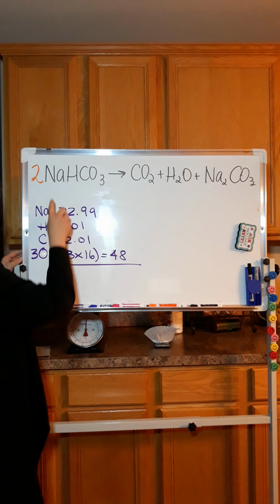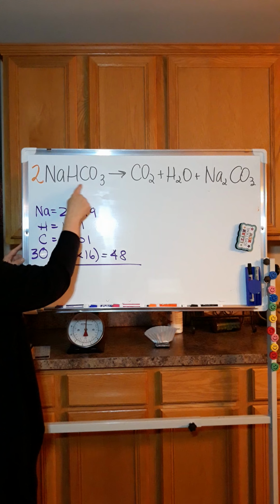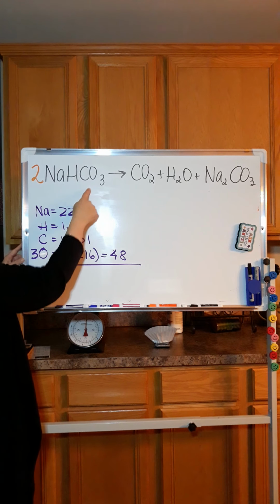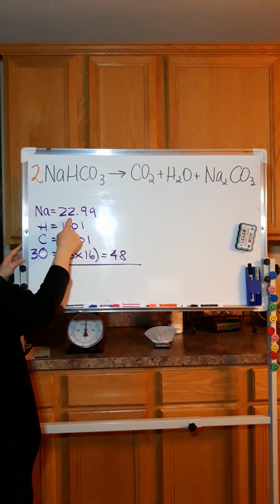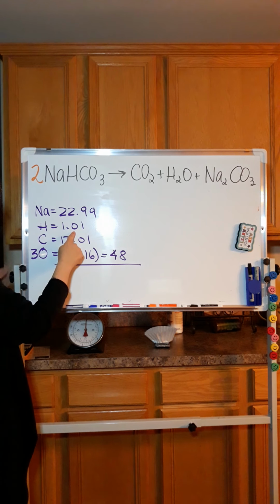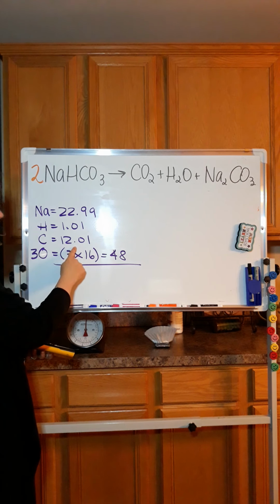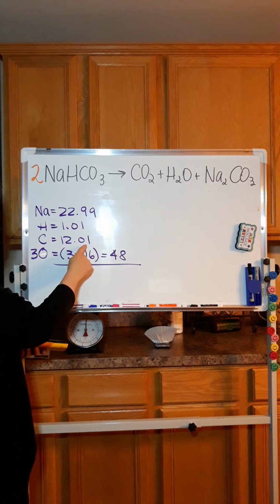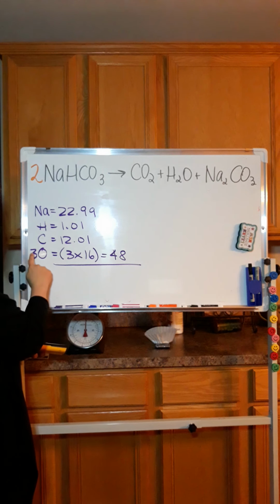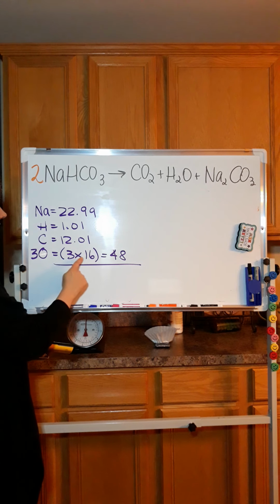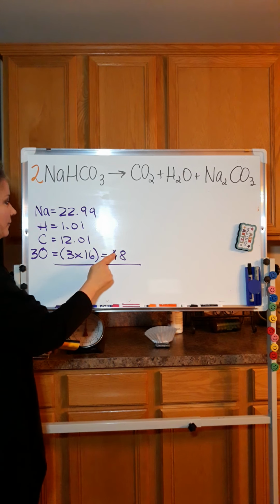So in my formula for sodium bicarbonate, I have 1 sodium, which is 22.99, and I have 1 hydrogen, which is 1.01. I have 1 carbon, which is 12.01 grams per mole. And then I've got 3 oxygens, and 3 times 16 is 48.